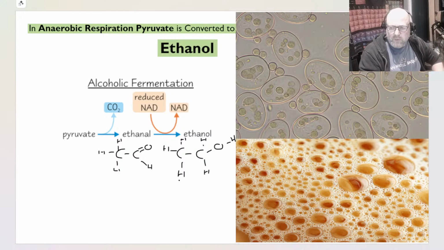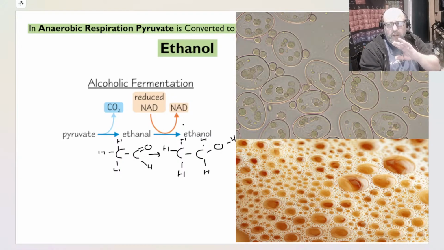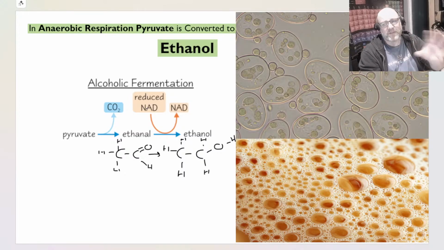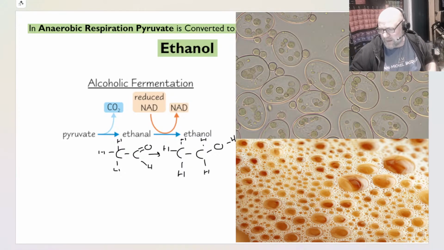So ethanol's got 1, 2, 3, 4, 5, 6 hydrogens. Notice there was only 4 on the ethanal. So essentially it's taken the hydrogen off of the NAD and the electrons and turned the NADH, or reduced NAD, back into NAD, and now glycolysis can continue and can carry on.